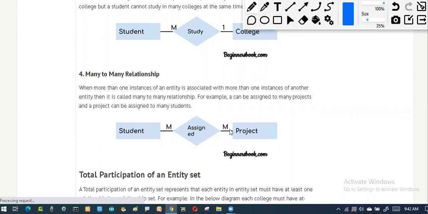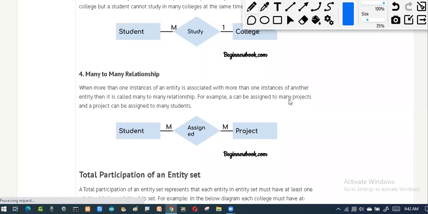Here somebody will write it as N also, so don't get confused. If I say N, it means N numbers. So M to M also we can write, or M to N. It tells that many students are available who are assigned N number of projects. This is the many-to-many relationship.